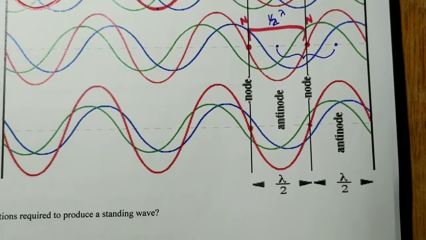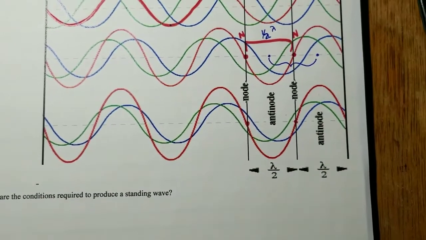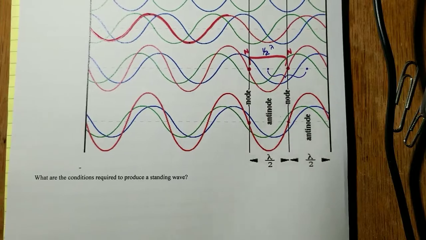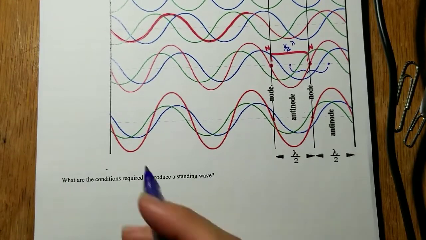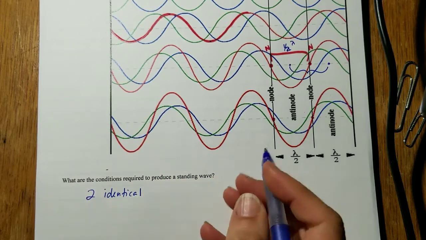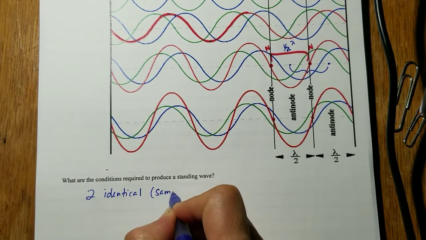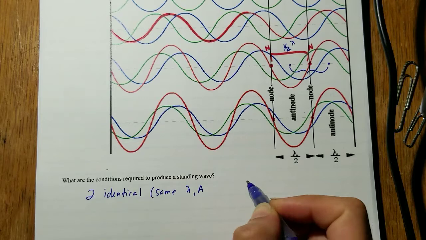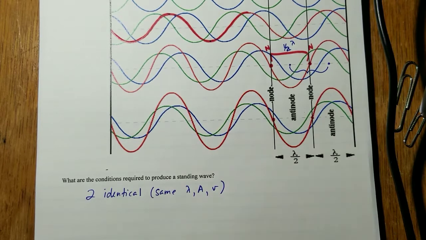So what are the conditions for a standing wave? We need to have two identical waves. And when I say identical, I mean the same wavelength, the same amplitude, and same speed.